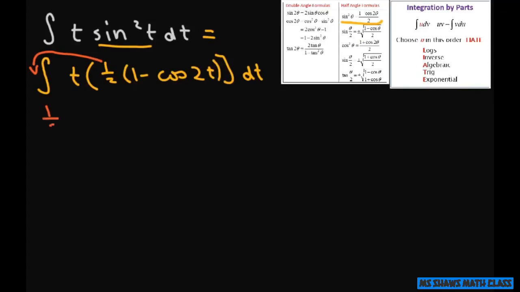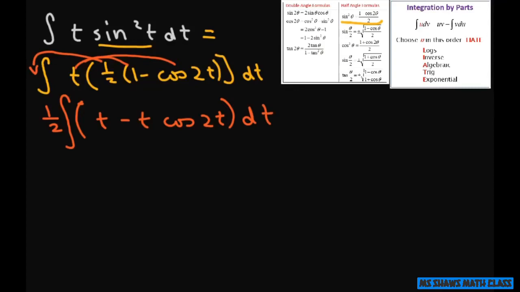So I have 1/2, and then go ahead and distribute the t. So you're going to get the integral of t minus t cosine 2t dt.